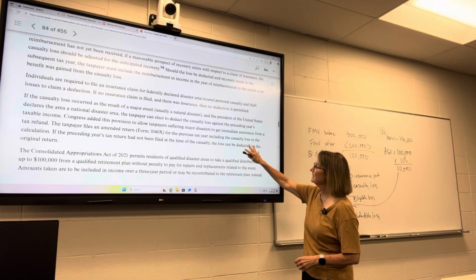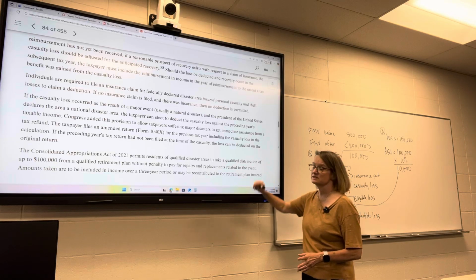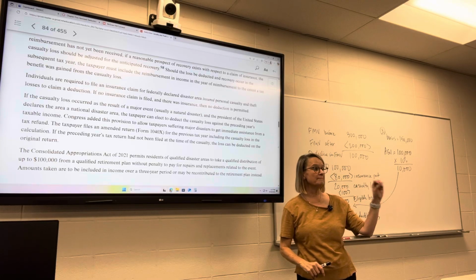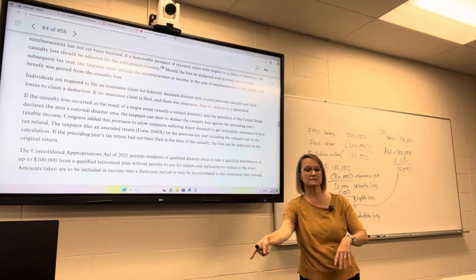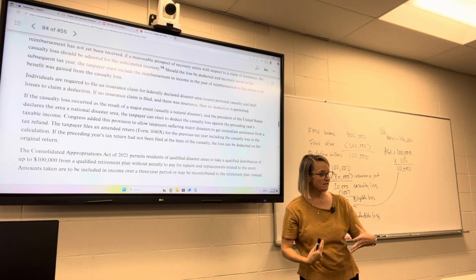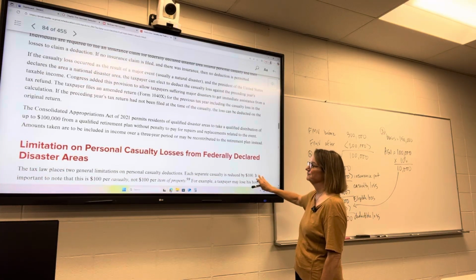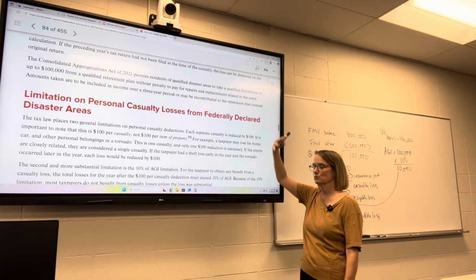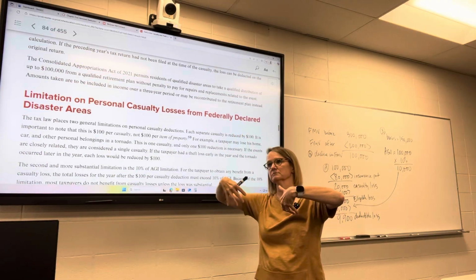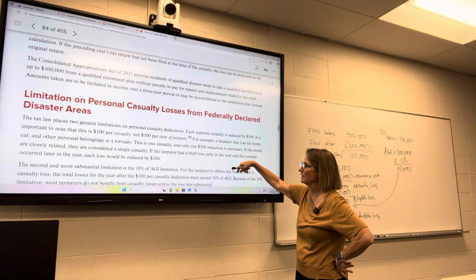So if there's a major disaster, they can get immediate assistance by filing an amended tax return. They don't have to wait until the end of the tax year to file that return and then get the relief. So when they file an amended return, they get that money back a lot quicker.